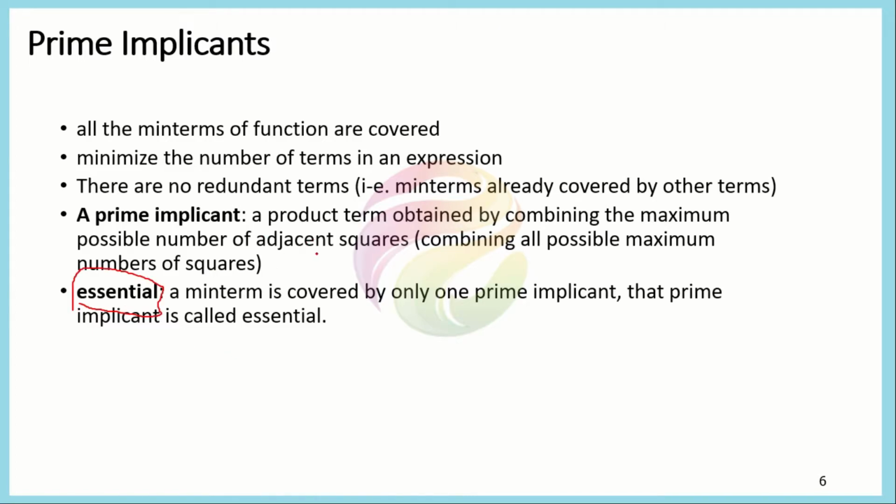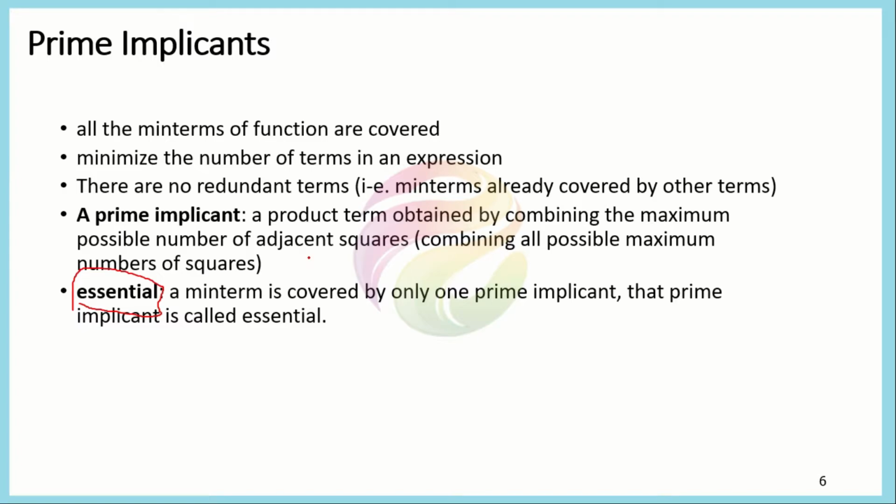So we will be discussing this topic through an example, because a simple prime implicant means that it can be represented by combining the maximum possible number of adjacent squares. Say in a 4-variable K-map, if we could represent any different minterms in the form of a combination of 8, then that would be the maximum possible number of squares that we can combine. Similarly, there could be more than one prime implicant present in a map.